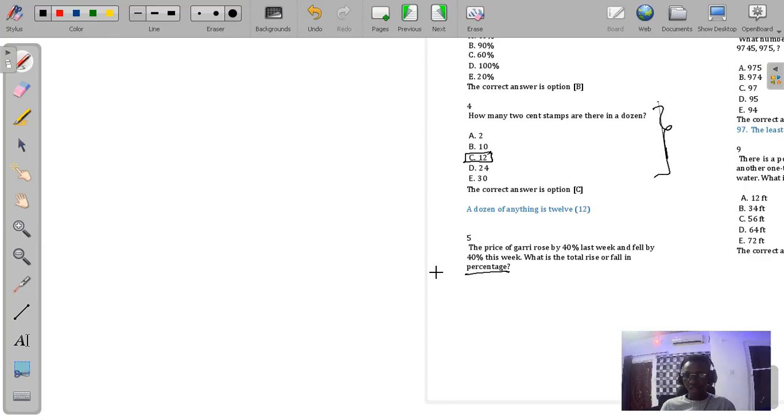All I know is that in that topic, it was stated that if you have more than one change in percent in a particular problem, and you don't know the initial price or initial data value, always assume the initial value to be 100. But this problem is dealing with price, so I'll just call it the initial price.